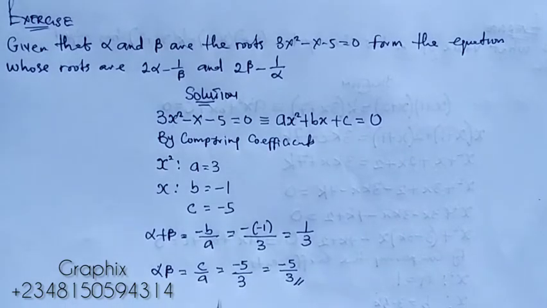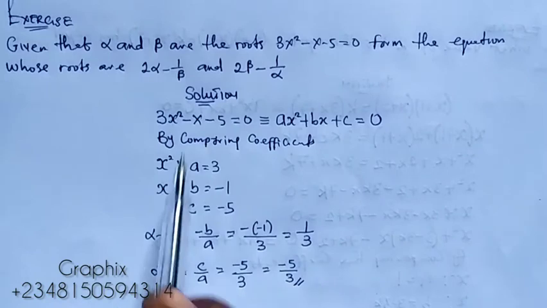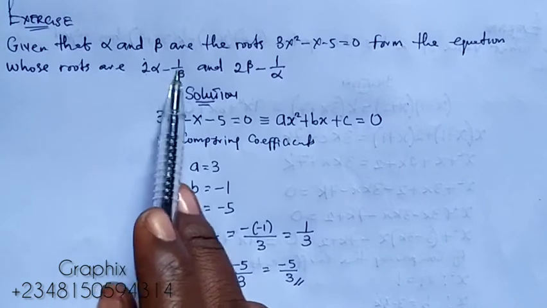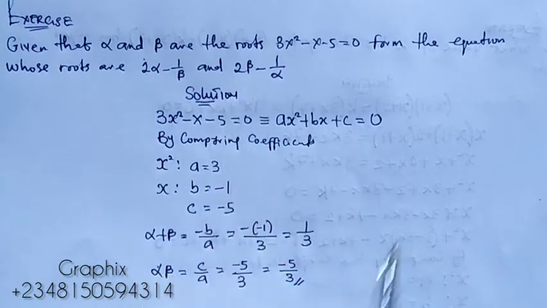Now if you look at this, we have two values, which are 2 alpha minus 1 over beta and 2 beta minus 1 over alpha. Now you need to add the two of them.